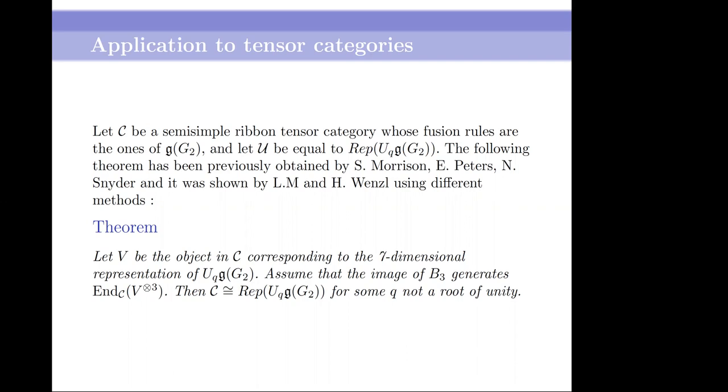I had a question which may be obvious to people who know more about the theory. Sorry? Okay, you can hear me? Yes. I'm looking at the third tensor power appearing in this and wondering, is this related to the fact that G2 can be defined as the stabilizer of a trilinear form?